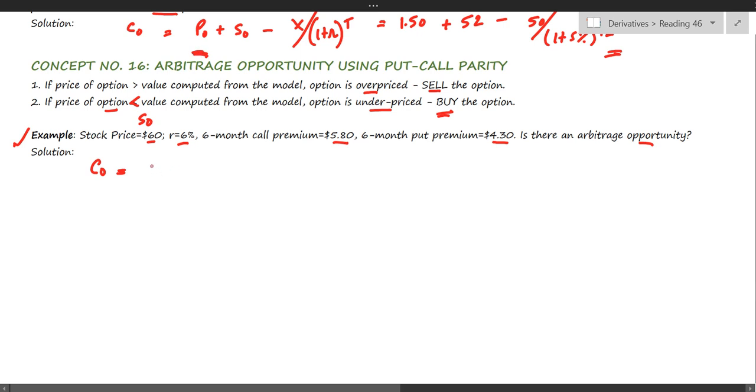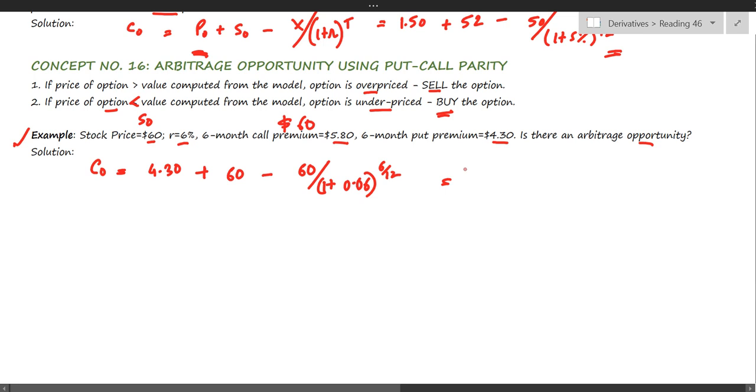That is the value of put plus the value of the underlying, that is 60, minus the exercise price, which is not given. Actually that should be $60 only, assuming it to be an at-the-money call option. So that will be 60 divided by 1 plus the risk-free interest rate, 6 by 12.